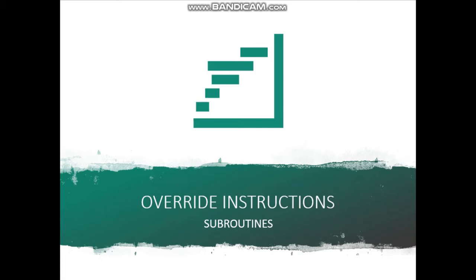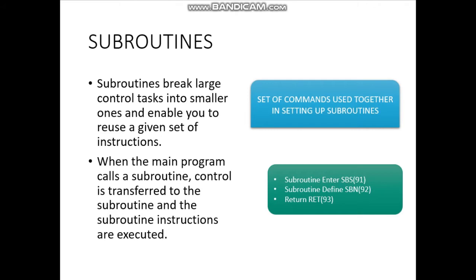You don't really need that in the main program, but you want to have that function available, so you can write that in subroutines. So the subroutines in PLC are equal to the functions that you have in a low-level programming language. Subroutines basically break larger control tasks into smaller ones and enable you to reuse a given set of instructions.